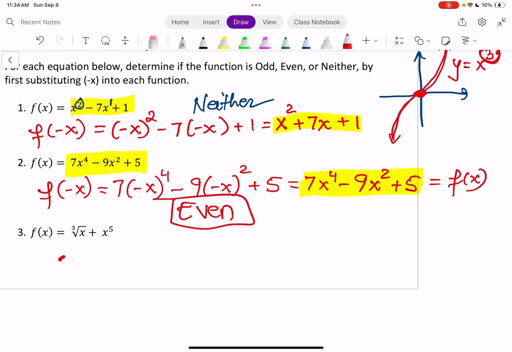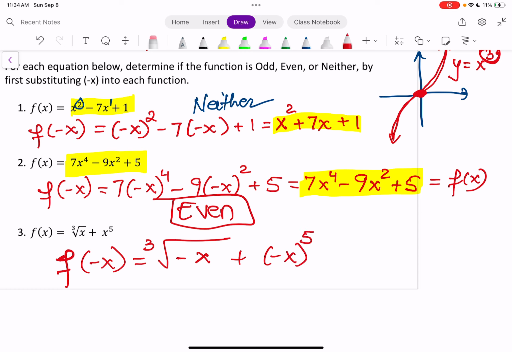And here is the last one. And what do you notice about this function here? You notice that I'm only giving you odd powers. 1/3 would be the same as the power of 3. So the cube root of 3 negatives is a negative. A negative raised to the 5th power is a negative.